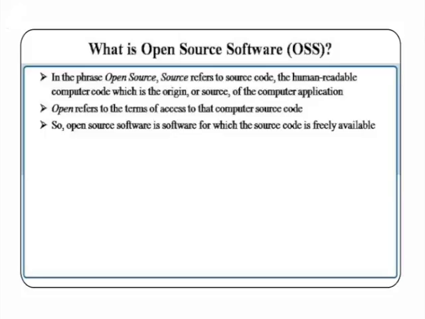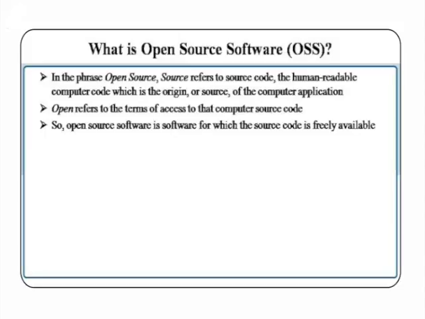But in open source, you understand each and every line of code, what it does. That's why giving access to the source code gives a user the freedom to choose his own components. So open source software is software in which source code is freely available.